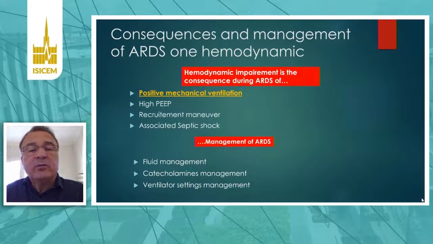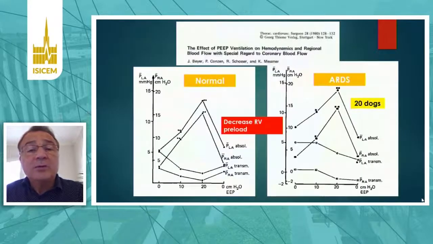Let me show you that positive mechanical ventilation may be associated with a hemodynamic impairment during ARDS or even without any ARDS. It is well known for a long time that when you apply a positive pressure ventilation, and here it's an old paper in which they increase the PEEP, then they increase the pressure in the lung from 0 to 20 centimeters of water, the pressure in the right atrium increases, but in contrast, the transmural pressure in the right atrium decreases.